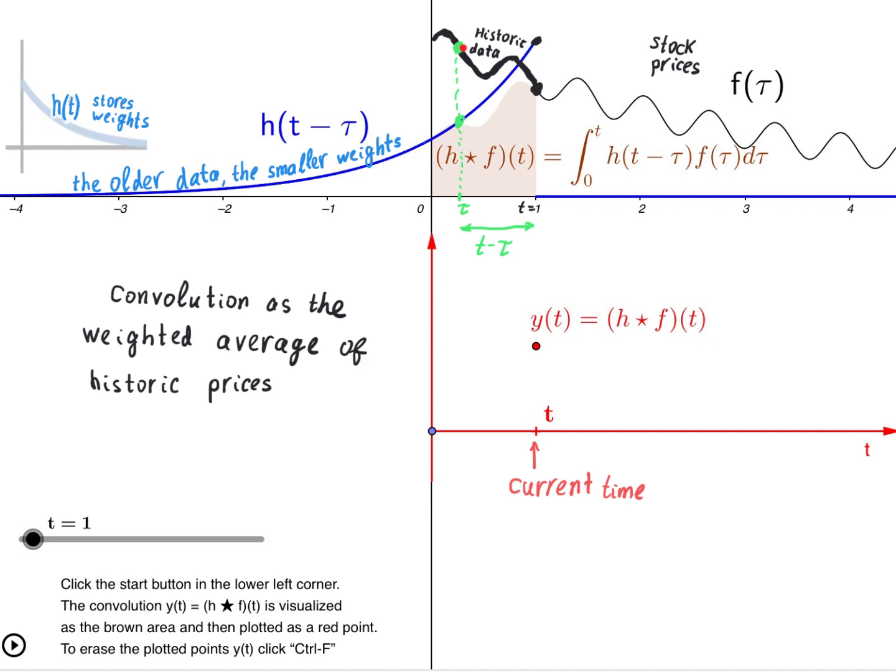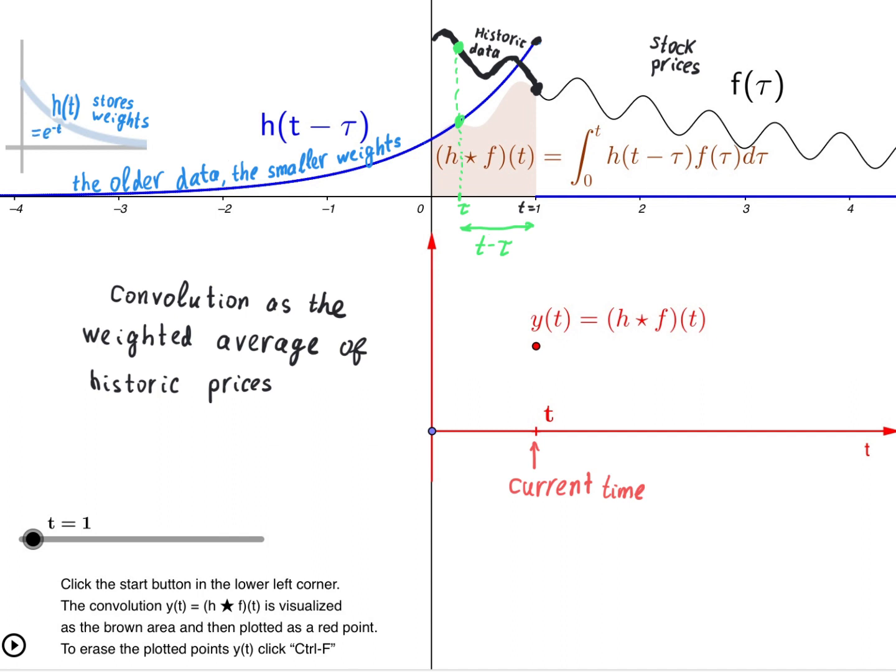Now, people can use different weights, but it's natural to think that the further you go to the past, the less relevant those data are, so the weights should be smaller. A popular method is to assign smaller weights to older data.